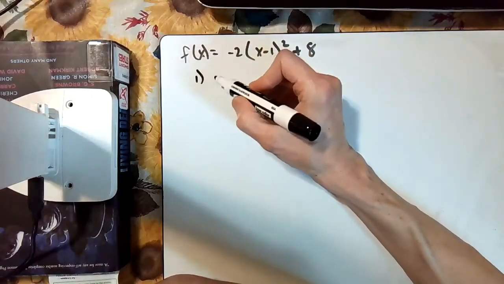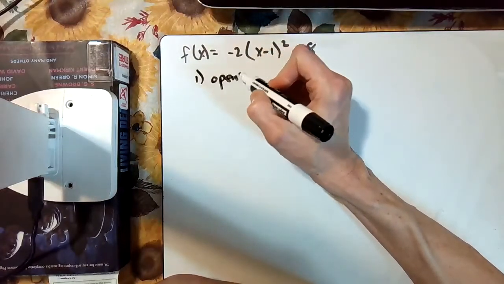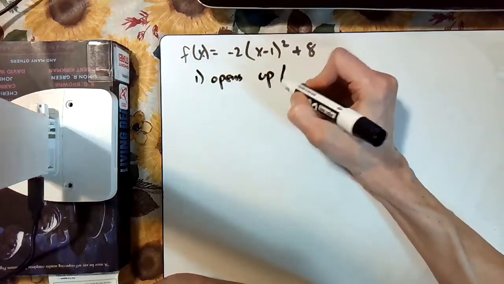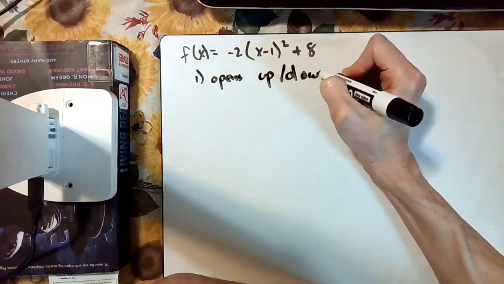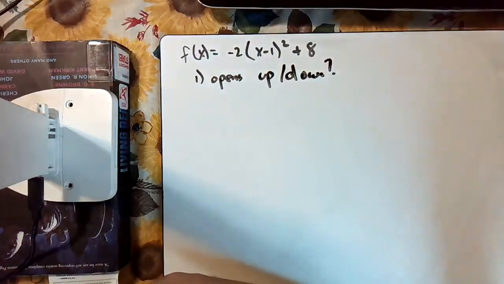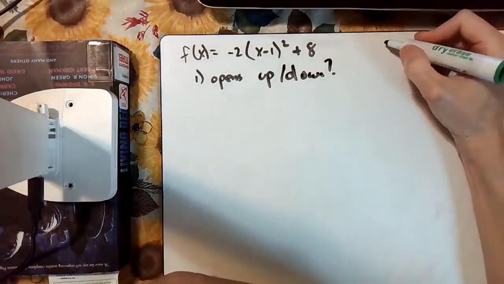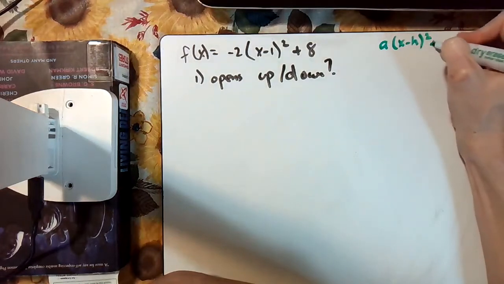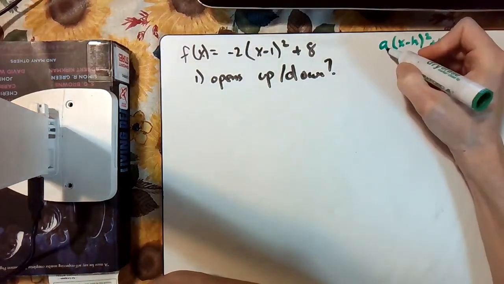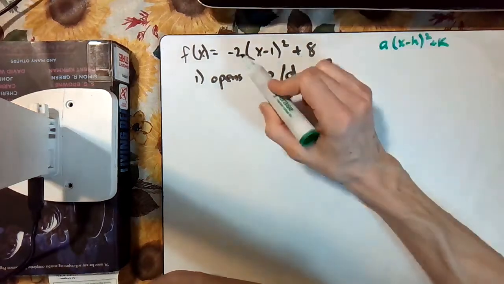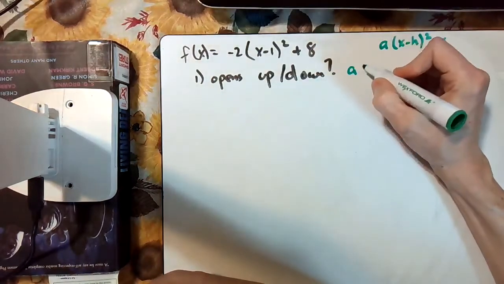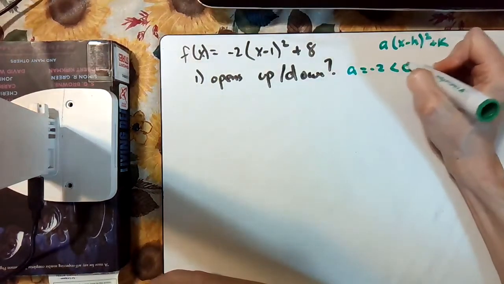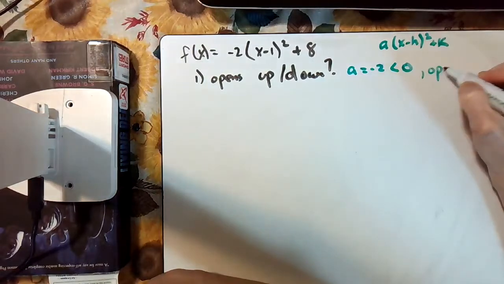So first one, opens up or down. Remember, it's a times x minus h squared plus k. So if a is less than 0, negative, which it is right here, remember that tells us it opens down.